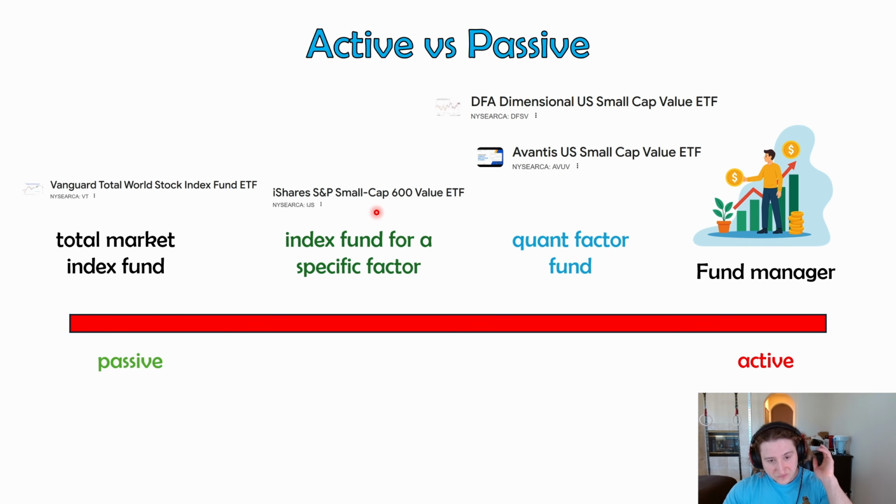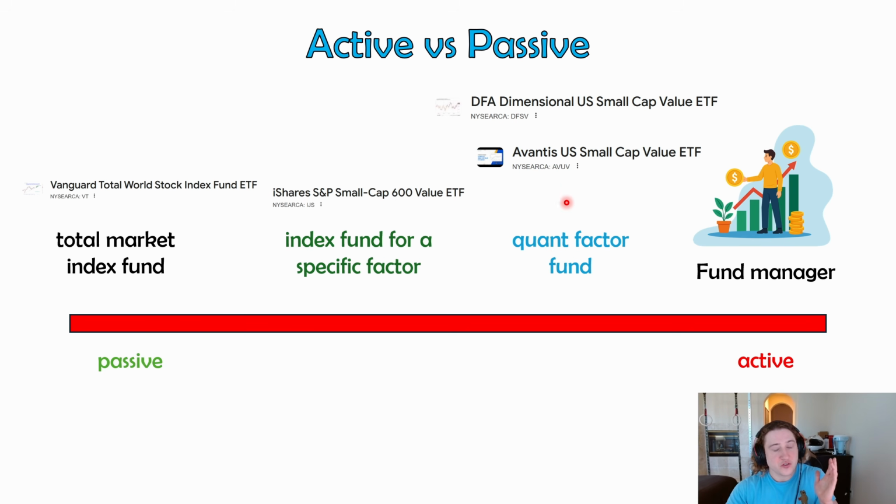Anyways, these quant factor funds now are defined as active funds. They do not track an index. They're not an index fund. They are on paper active funds, but they're much more similar to one of these funds than to a traditional active fund.